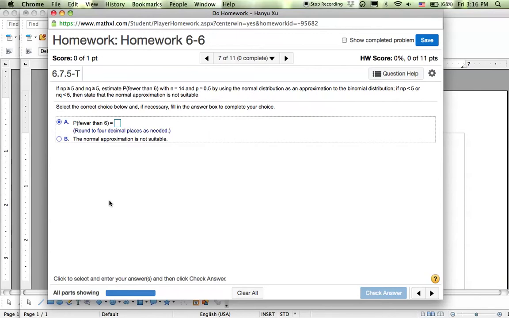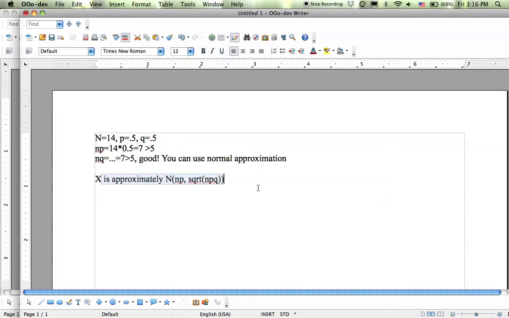So you should really say what is the probability of x smaller than 5.5, okay? Because for that 6 bar, it is from 5.5 to 6.5.